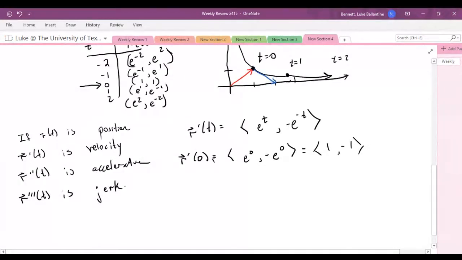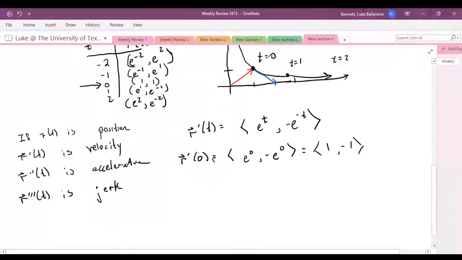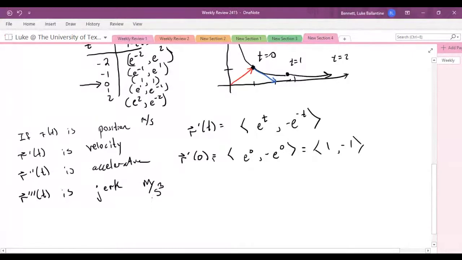Can you guys hear me? Never heard of that before? Okay, cool. Yeah, it's jerk. So it's the unit associated. If this is meters per second, this would be meters per second cubed. It's how you're changing per second.